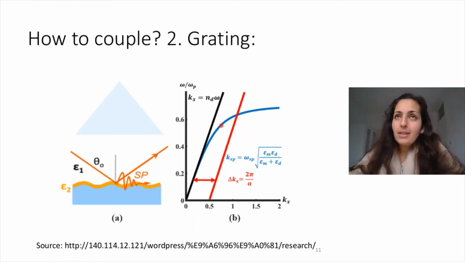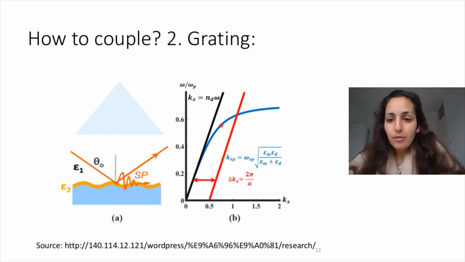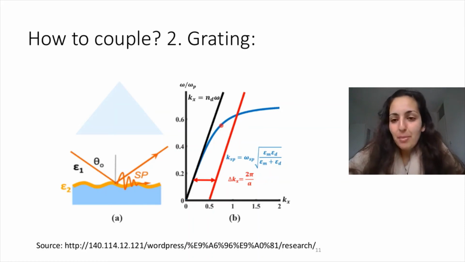Keep in mind that just coming from air without doing anything, it wouldn't be possible to couple into a surface plasmon polariton. In reality, and this is now something from my own research experience, as you know, I work a lot with solar cells. You might think, well, where would this come up in solar cells? Solar cells do use, for example, metals for current extraction and a lot of dielectric layers in order to improve the optical performance.